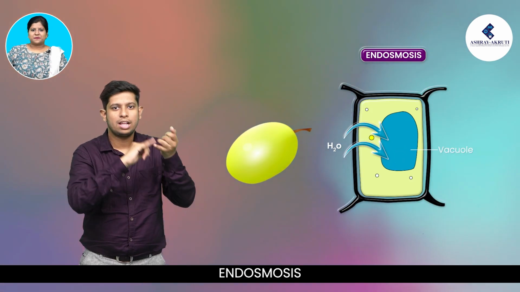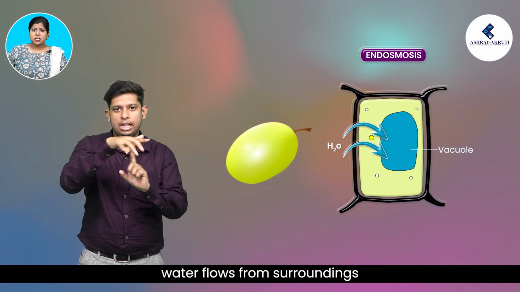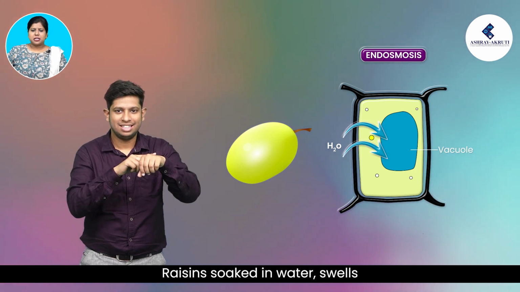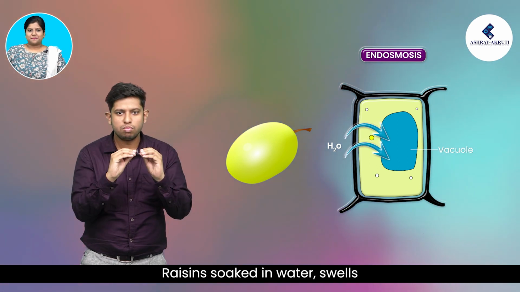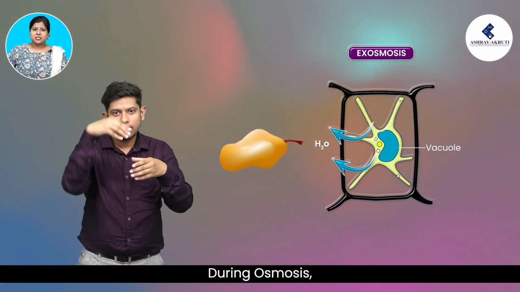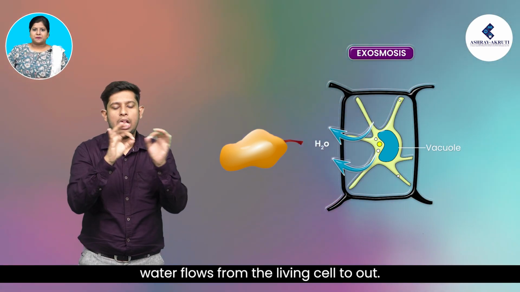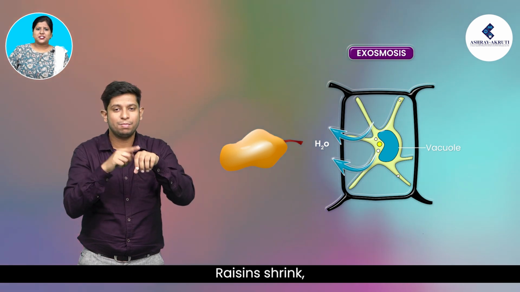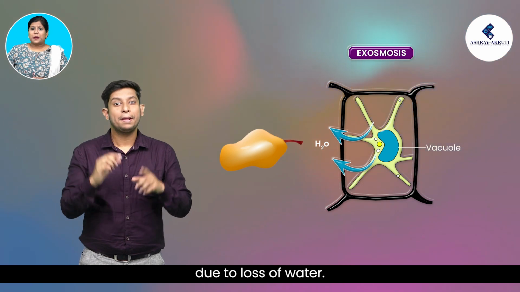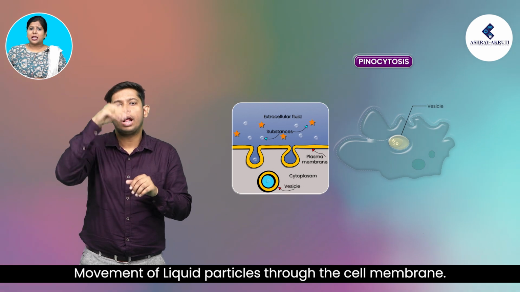Endosmosis. During osmosis, water flows from the surroundings into living cells. Raisins soaked in water swell. Exosmosis. During osmosis, water flows from the living cell to outside. Raisins shrink due to loss of water. Pinocytosis, movement of liquid particles through the cell membrane.